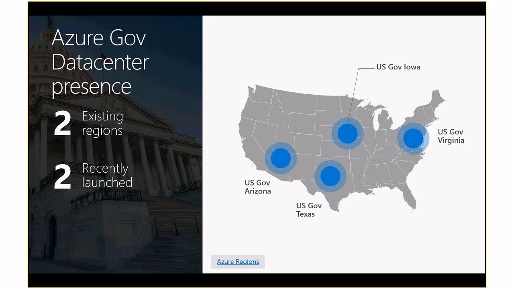You can see we had US Gov Iowa and US Gov Virginia. So those were two government data centers that we had. And we recently launched US Gov Arizona and US Gov Texas. So for all you folks out in the West, we have data centers closer to you, which of course will help with latency. And then we have two Department of Defense regions as well.